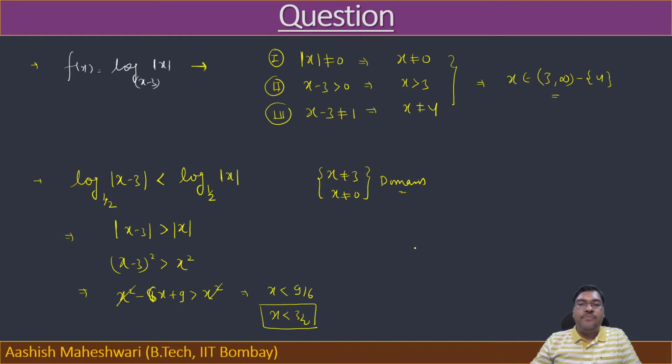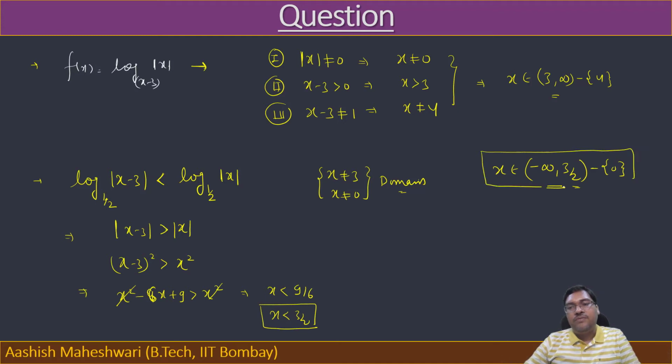Final answer we will say x belongs to minus infinity to 3 by 2, but there is a problem. What is the problem? That we cannot have 0 because at x equal to 0 this value will become 0. 3 is already excluded from this interval, right? So what is the answer? This is x is less than 3 by 2. That is the answer for this question.